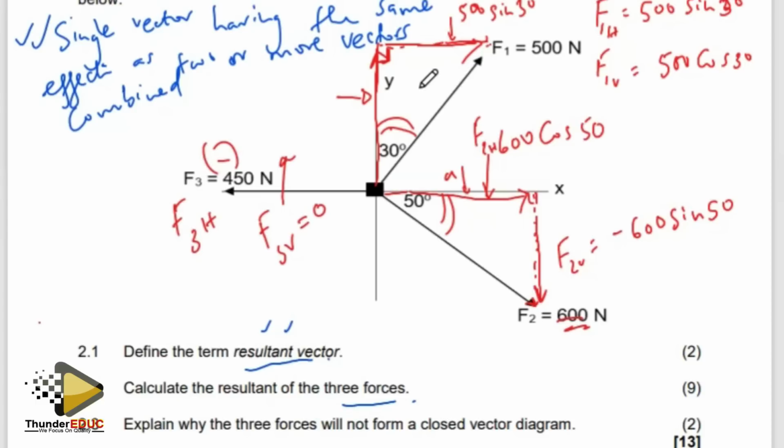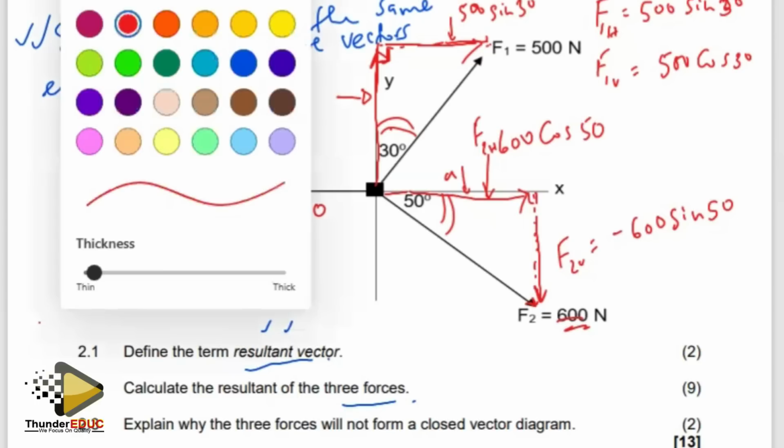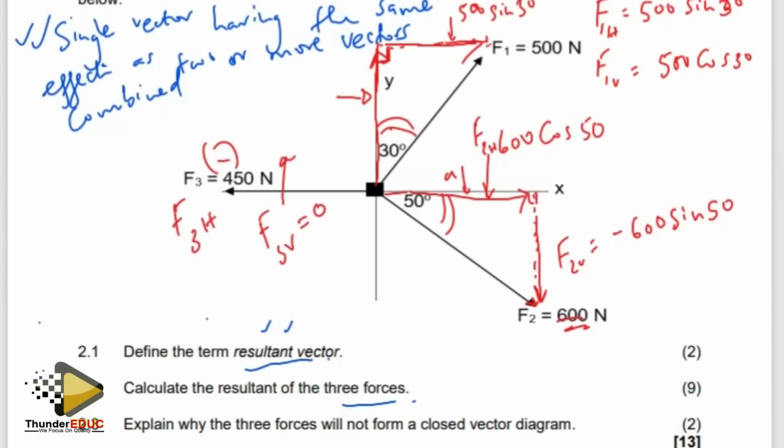So what I'm going to do, I think I can even do it from here. Yeah, let me just switch the color so that we can plus them up nicely. Okay, so with the horizontal, I have this, which is positive. I have this that is positive. I have that is negative. Let me put this side 500 sine.